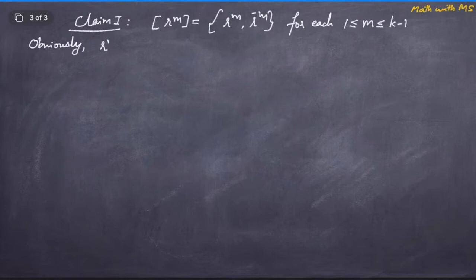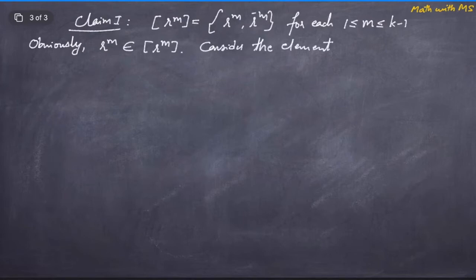Obviously the element R to the power m falls inside the conjugacy class of R to the power m. We show that the element R to the power minus m also lies in the conjugacy class of R to the power m. Consider the element x equals s R to the power t in the dihedral group D2n.